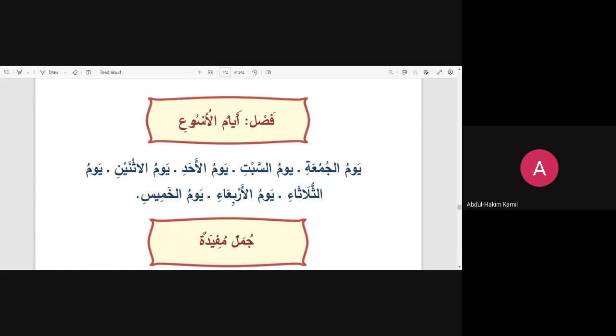Other words have different opinions, like al-batta, meaning never. It's a different opinion whether it's hamzatul qata' or hamzatul wasl. So this one is yawmul ithnayn, because of the hamzatul wasl.